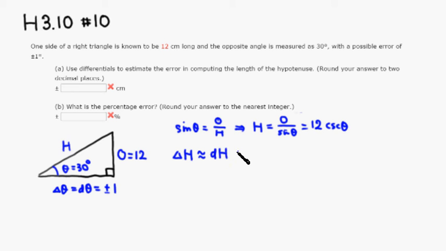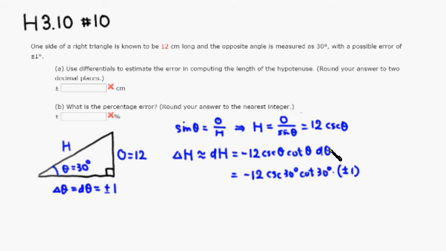So dh can be found by taking the derivative of this, which is 12 times the derivative of cosecant, negative cosecant of theta times cotangent of theta, then times d theta. Let's plug in the values. You have negative 12, cosecant of 30 degrees, and cotangent of 30 degrees, times plus or minus 1.